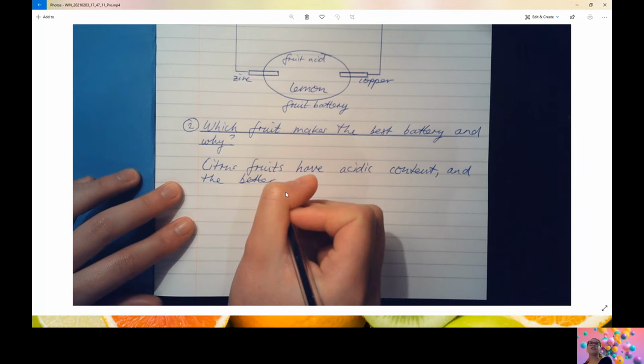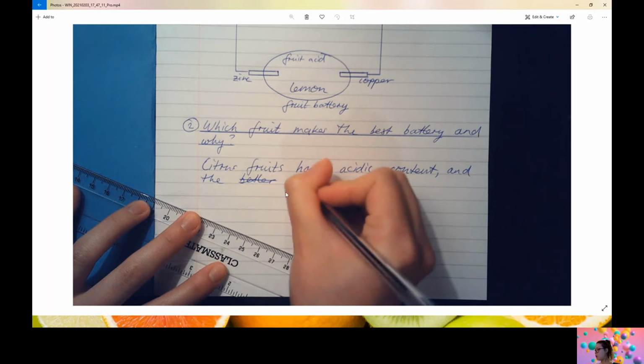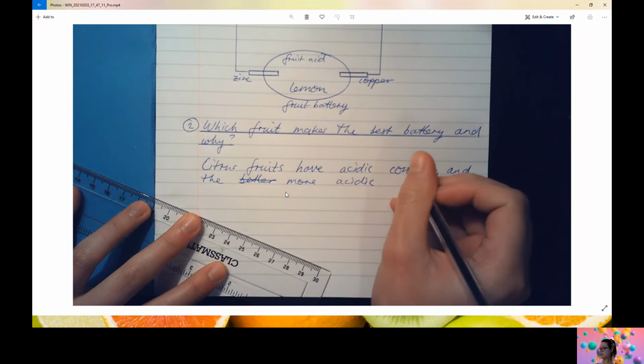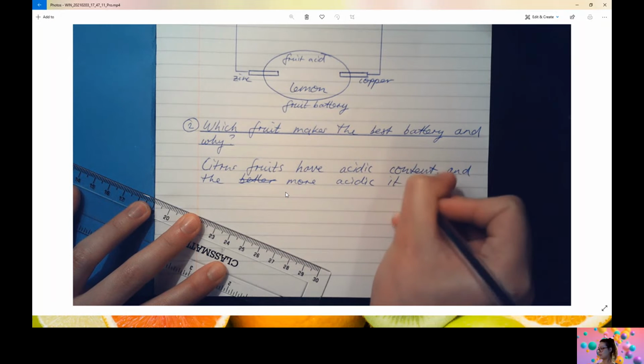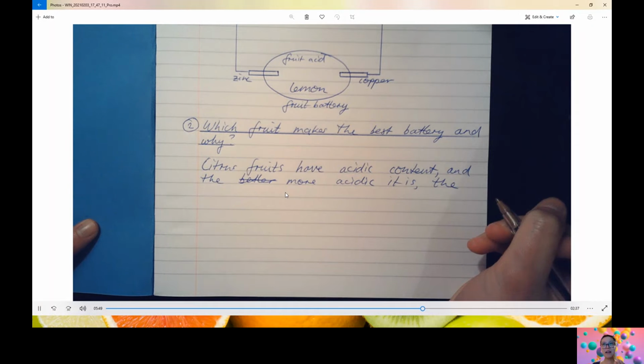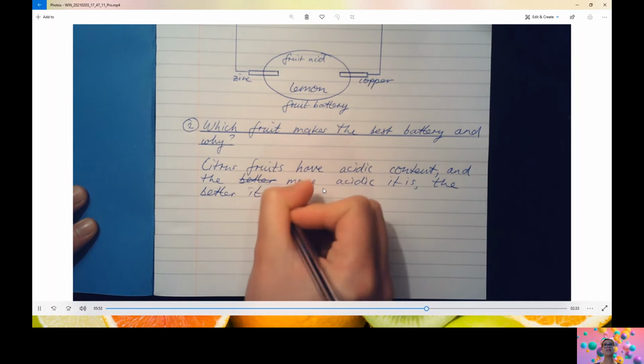We know that citrus fruits have acidic content, and the more acidic it is, the better it is for conducting electricity. The more acid there is, the better it is at conducting electricity.